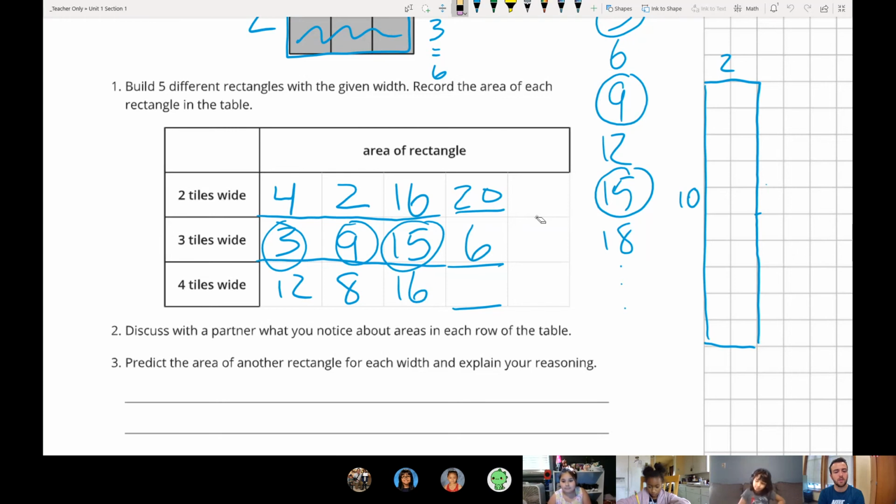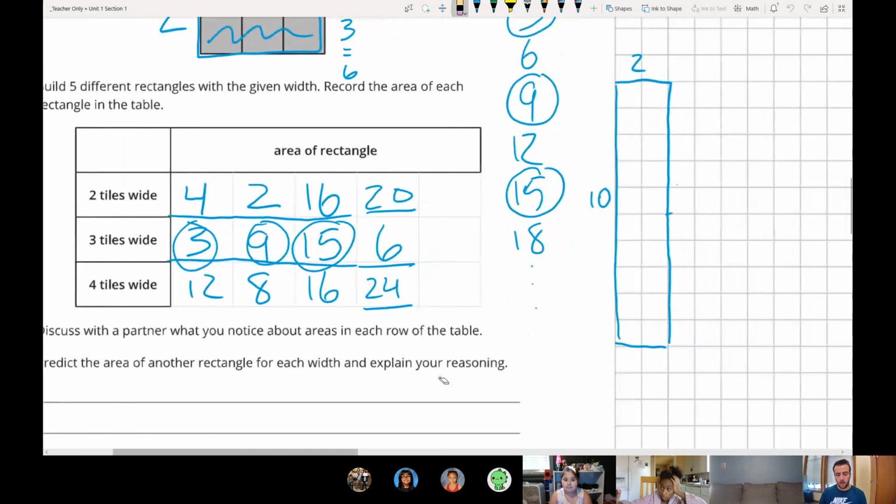All right, Malia, do you want to give us one for 4? That's not listed there. 24. And what would you have to multiply 4 by to get to 24? 12. Not quite 12. Oh, 8. Not quite.